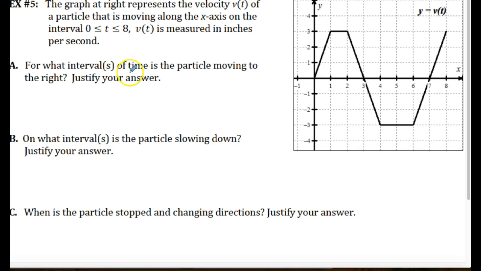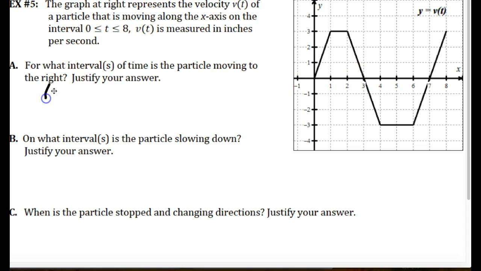So, for what intervals of time is the particle moving to the right? Justify your answer. Well, the particle is moving to the right whenever velocity is positive. So, if I look at this graph, velocity is positive here, right? Velocity being positive, if I'm given the velocity graph, just means it's above the x-axis.